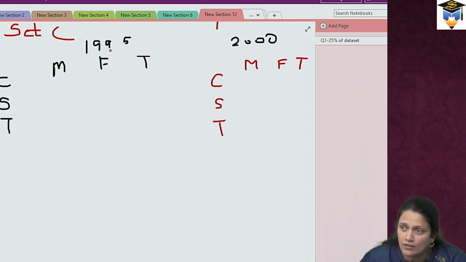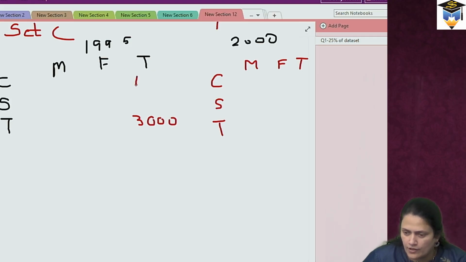70%. So 70 upon 100 into 3000. Total number of people is given to you as 3000 for 1995. I am going to fill in the values. You tell me how you get these values.